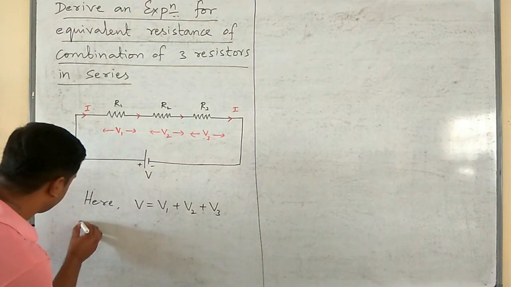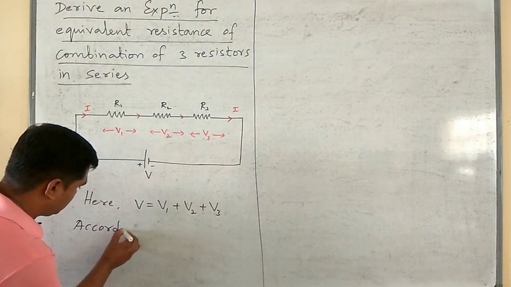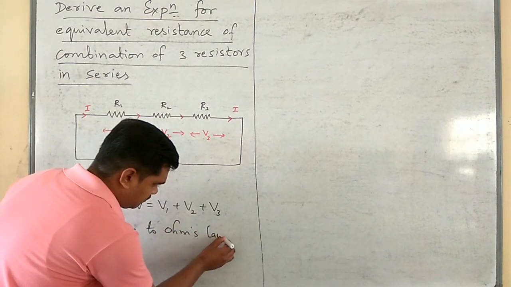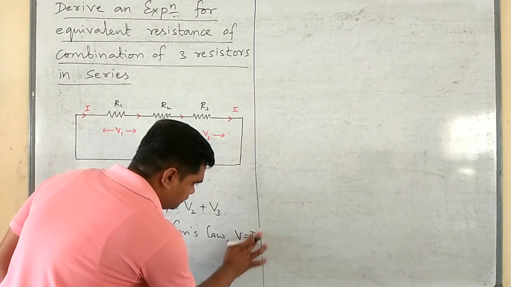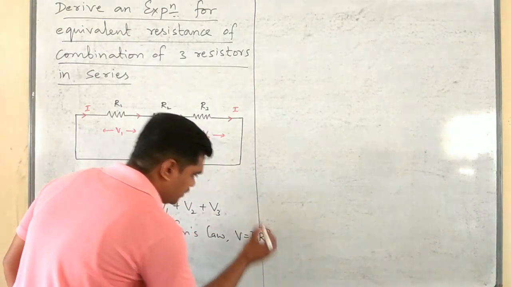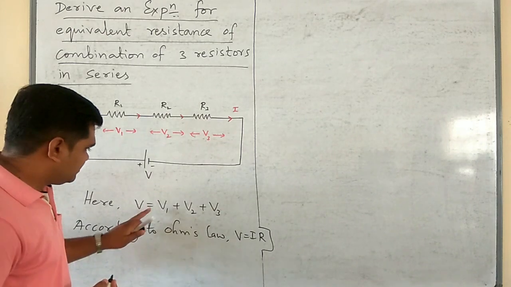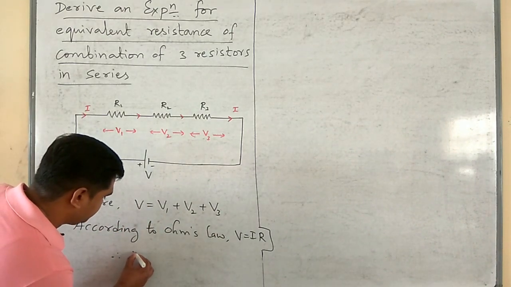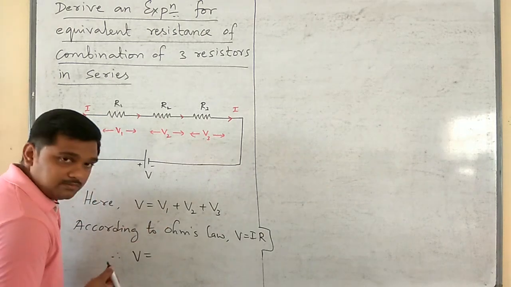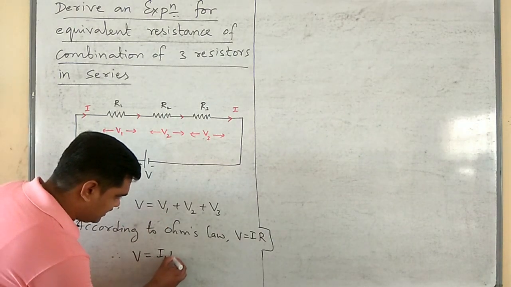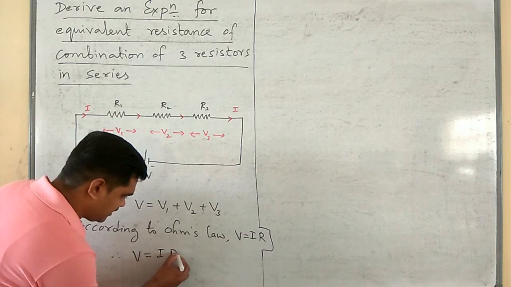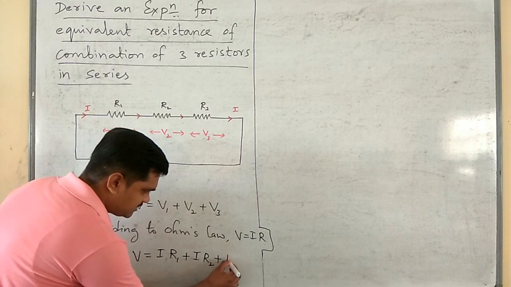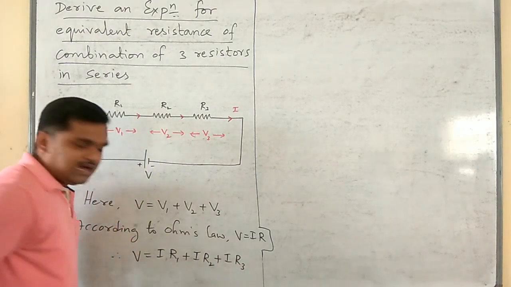Next, according to Ohm's law, V is equal to IR. Therefore, in place of V1, what can I write? V is equal to I times R1 plus I times R2 plus I times R3.